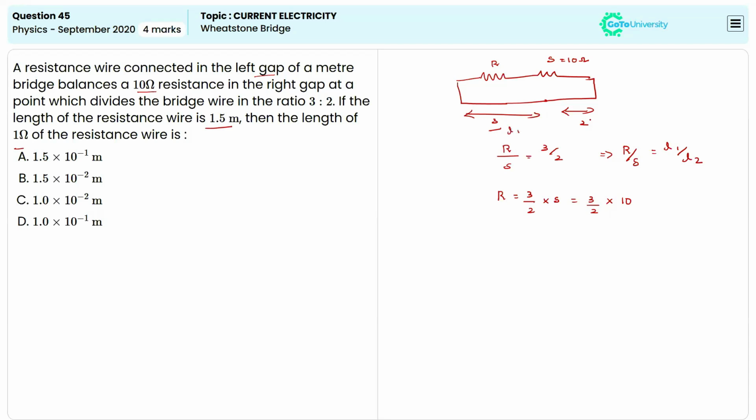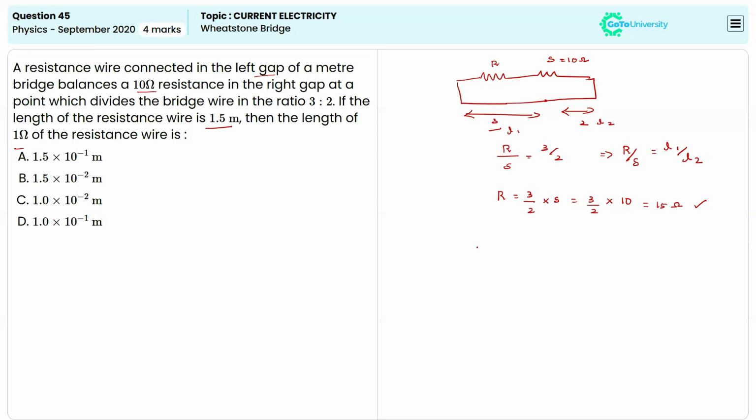Here it's given in the question that it has a ratio of 3 over 2, that's why I just kept R over S equal to 3 over 2. When we simplify this, it will be equal to 15 ohm. So now we have the value of the resistance R, right?